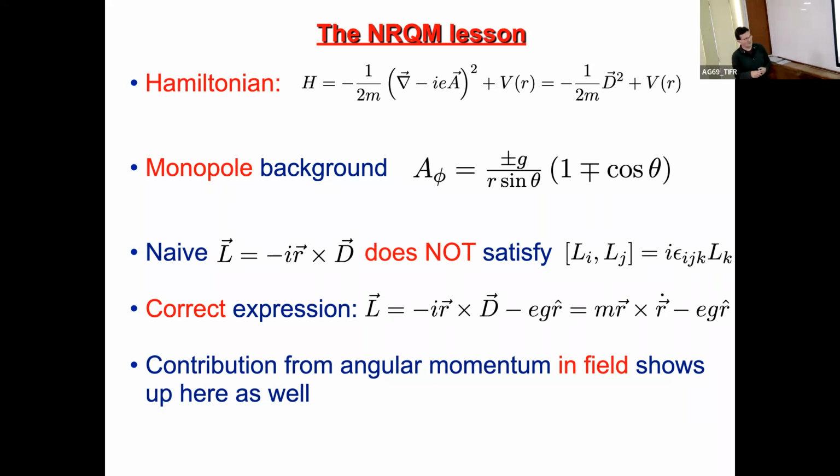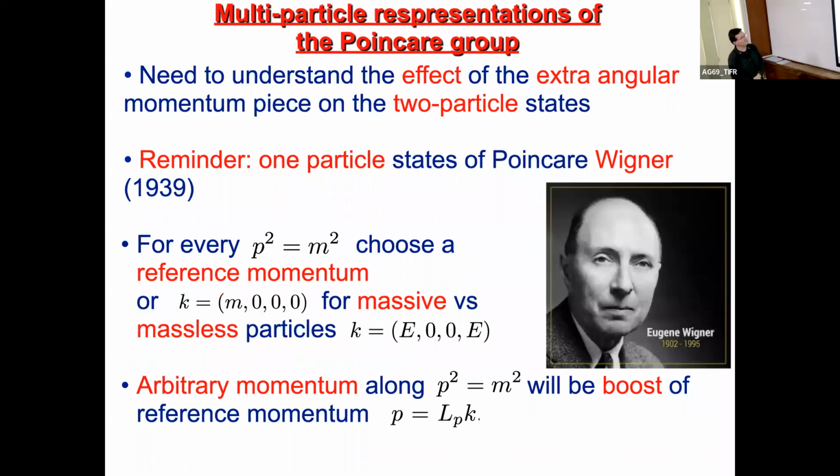So in fact, if you augment now your naive expression with exactly the same expression as we have just learned from this simple Jackson calculation, the quantum mechanical equivalent of that, yes, then that indeed is going to now satisfy the angular momentum commutation relations. Okay, so again, in non-relativistic quantum mechanics, we will have the same answer as what we had before.